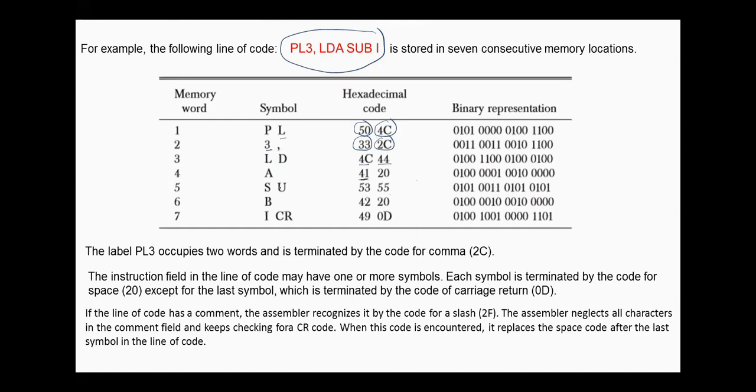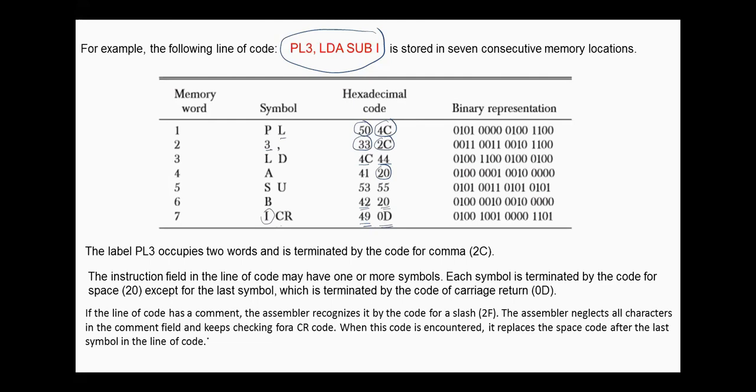And here we have space, and the code for space is 20. Next, the code for S, U, B, and again space. And the letter I, 49, and the carriage return 00.